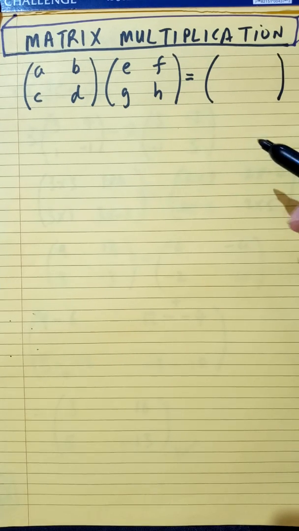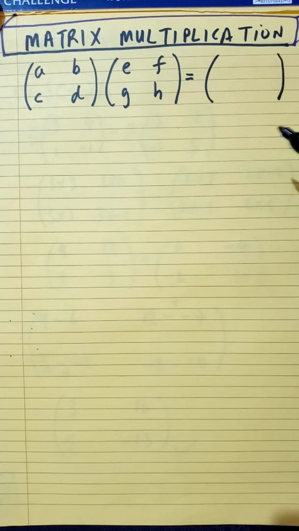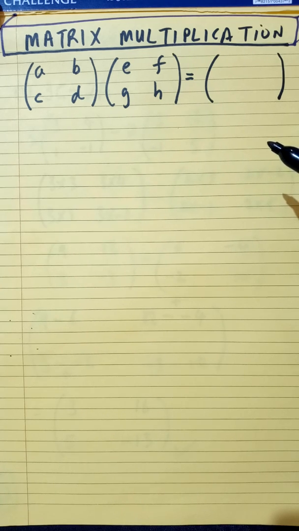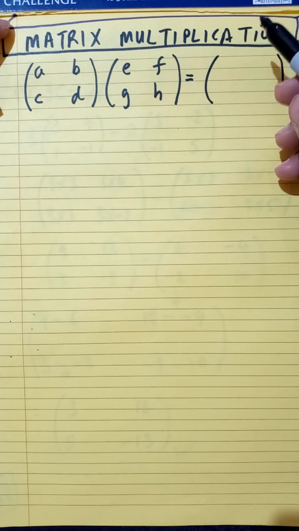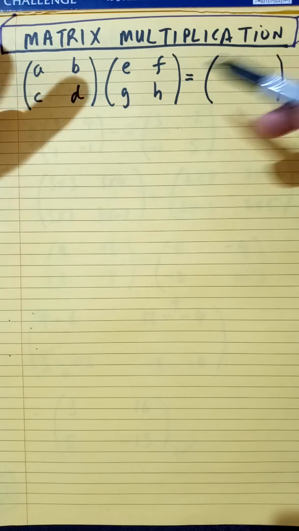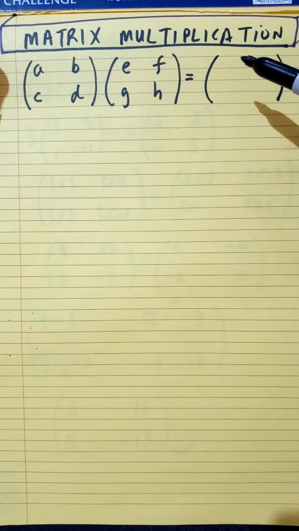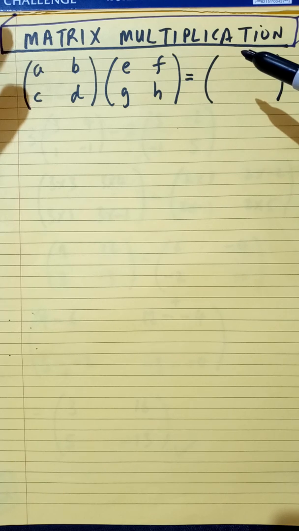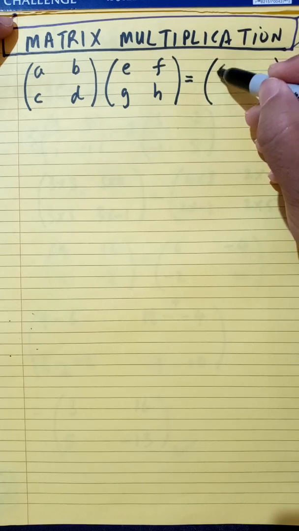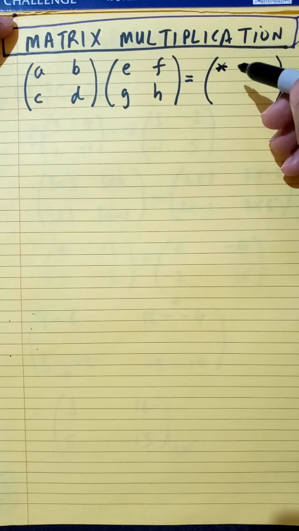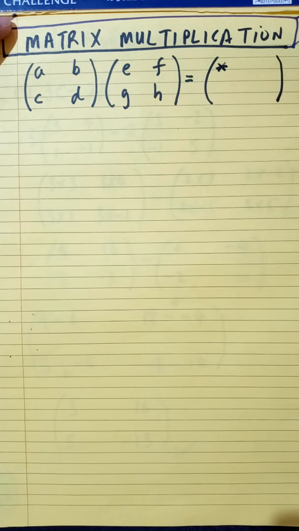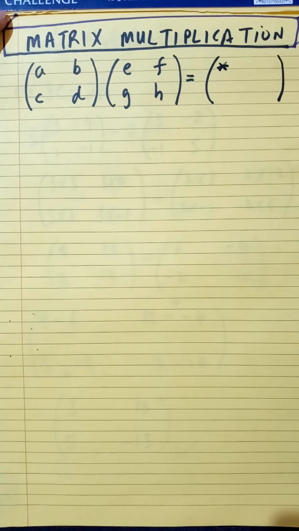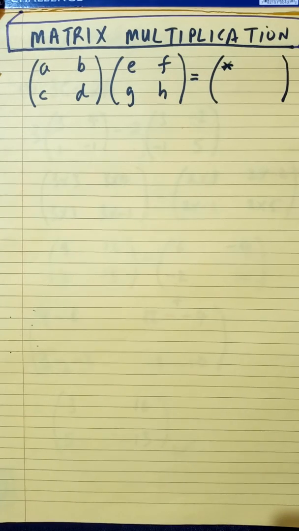In this example here, we're going to multiply 2 by 2 matrices. So I'm going to start off with some letters. I'm going to show you how to get this first element. That's the first element in the first row of the first column. Remember what I said. How do we multiply a matrix? Row by column.